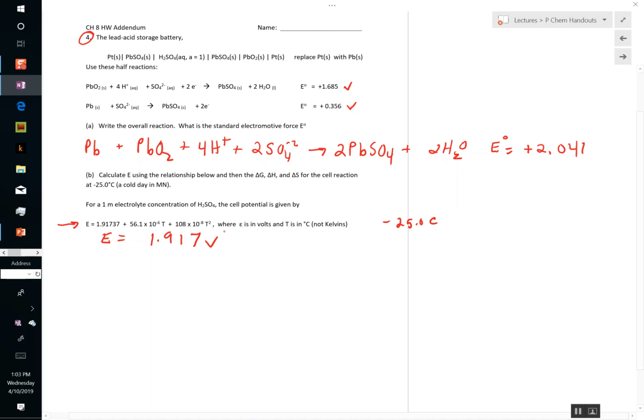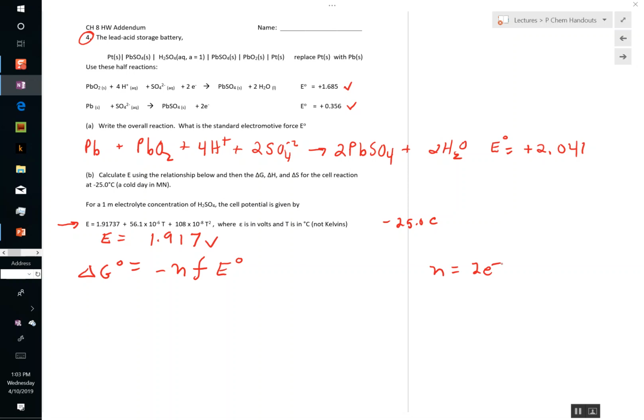So I don't know what approach you took, but you can take this approach. What equation could you use to get your delta G? Negative NF E naught. And N, like we said here, is 2 electrons. All right, and you get something like that.